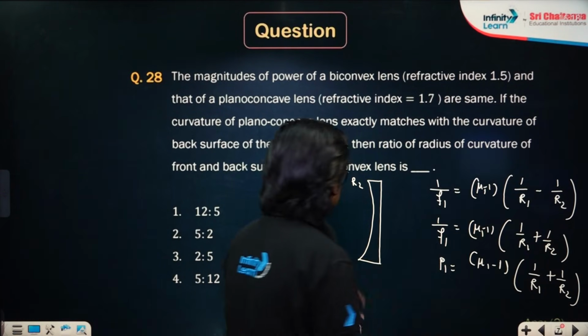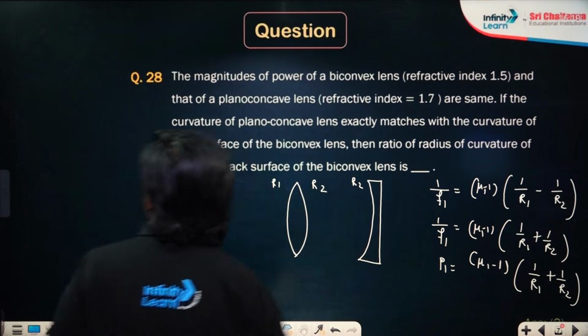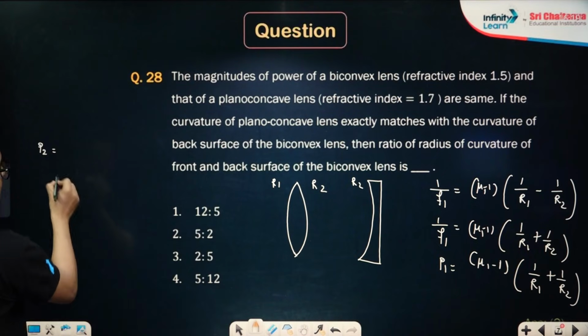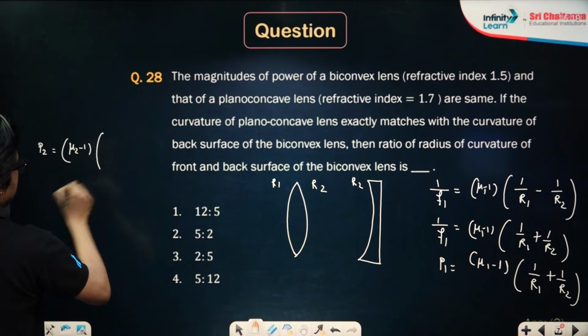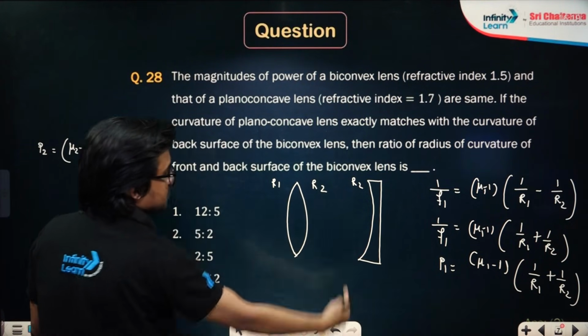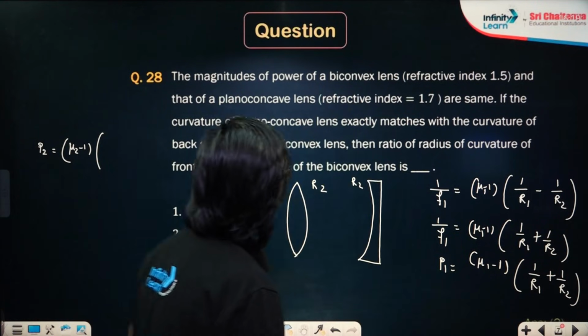Now if I write the power for this plano-concave lens, I can write this as P2. P2 is actually equal to mu2 minus 1 into, in place of R1 I will write minus R2, in place of R2 I will write infinity.